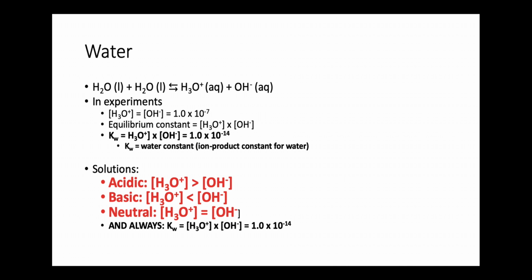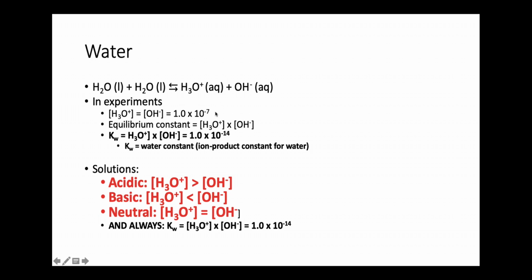Here we have the equation H2O plus H2O in equilibrium with H3O+ and OH-. So one water molecule is donating an H+ and the other one is accepting. And now we can have an equilibrium constant. We know for water, the concentration of H3O+ is the same as OH- because the ratio is 1 to 1.